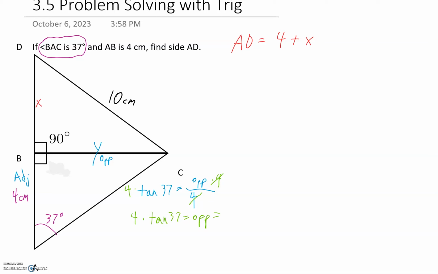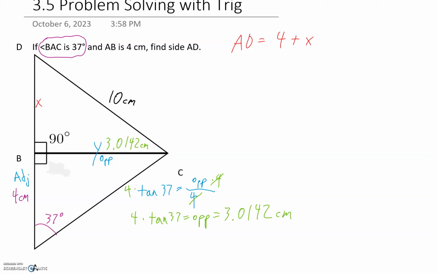So now we just need to plug that in our calculator. 4 times tan 37, and I get 3.0142. Make sure you don't round until the very end. Okay, so at this point, y here is 3.0142 centimeters. Now we need to solve for x.